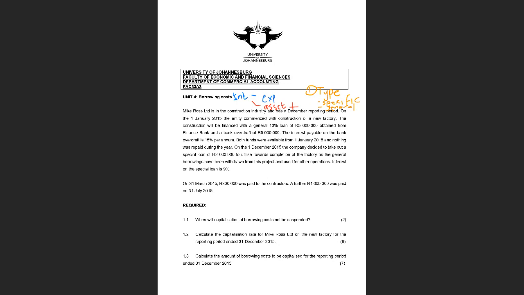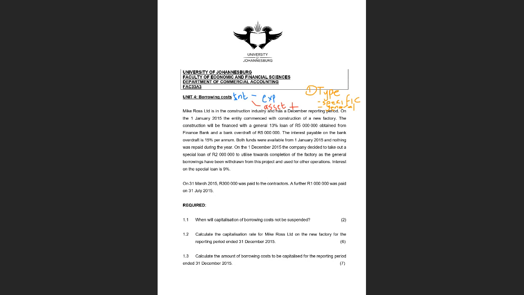So you have to classify or know the difference between the two. As you're reading through the information in the question, you can identify for each loan. And remember that in a question, it can either be specific borrowings, general borrowings, or it could even be both of them, because there is sometimes more than one loan which we are referring to.